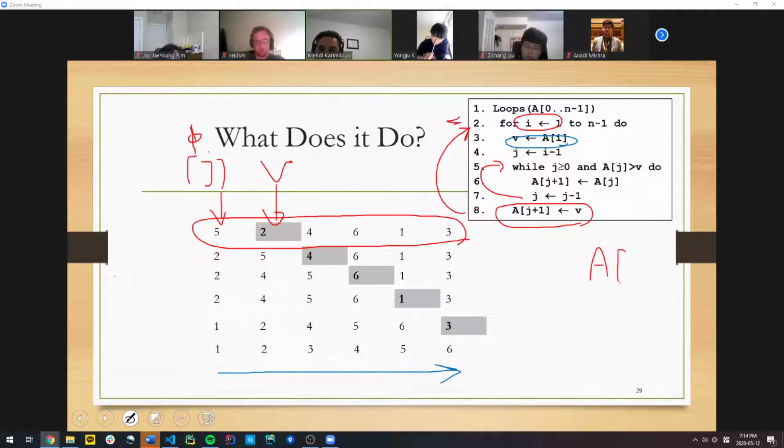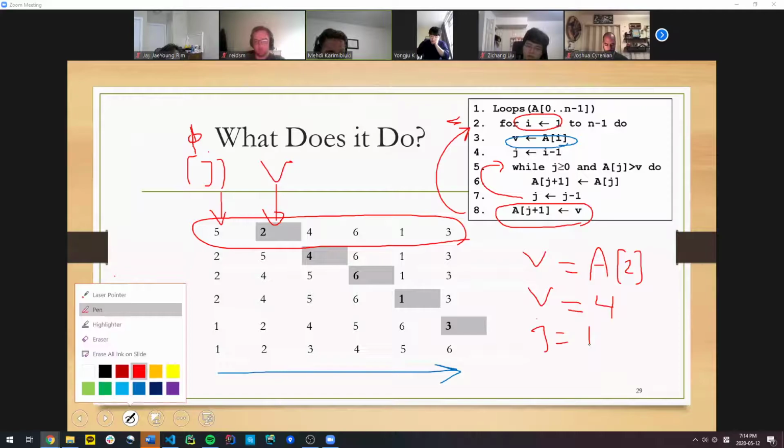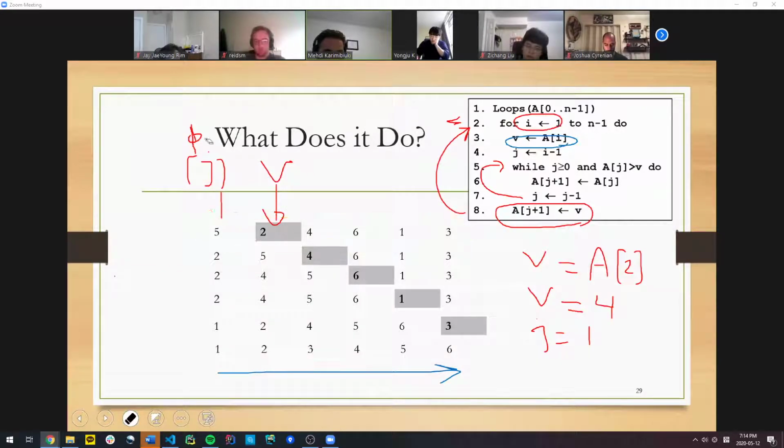So A[2] goes to V, right? So what is A[2]? A[2] is 4. So V gets the value of 4, right? And then J gets a new value. What is I? I is 2 on the second iteration. 2 minus 1 is 1. So J gets 1.